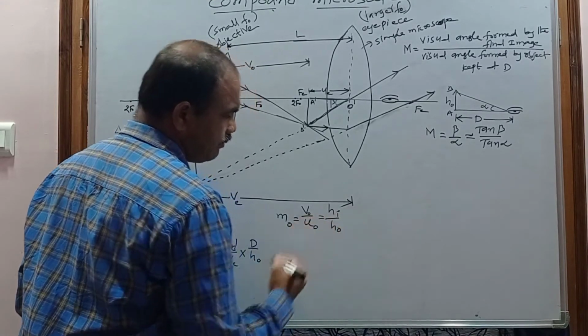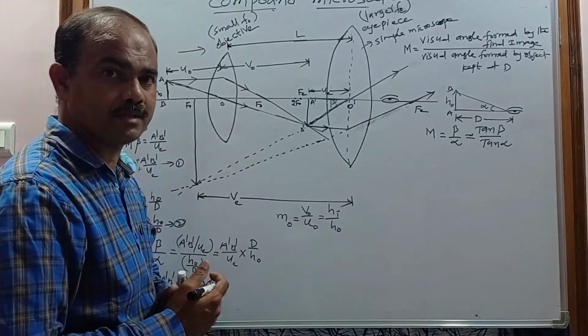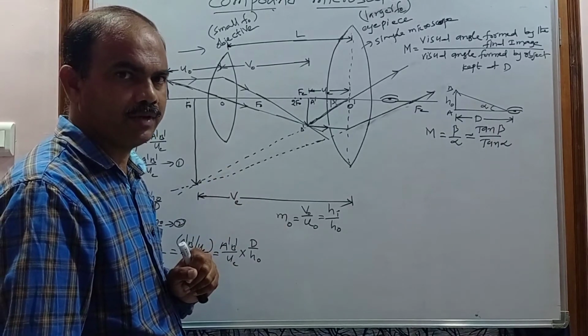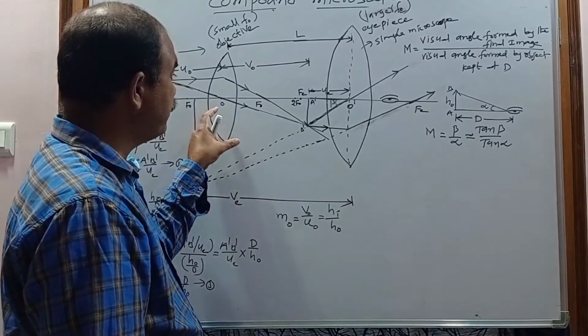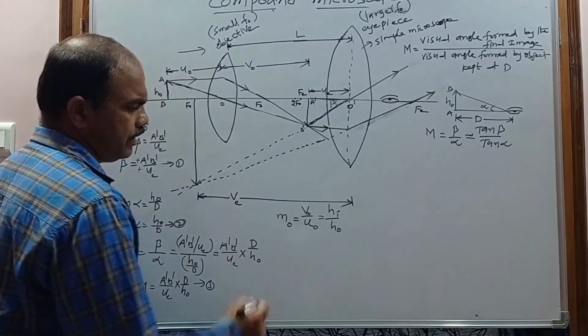This is the general formula of magnification of the convex lens, sorry, not magnifying power. So magnification of the convex lens or magnifying power, you can take any one.